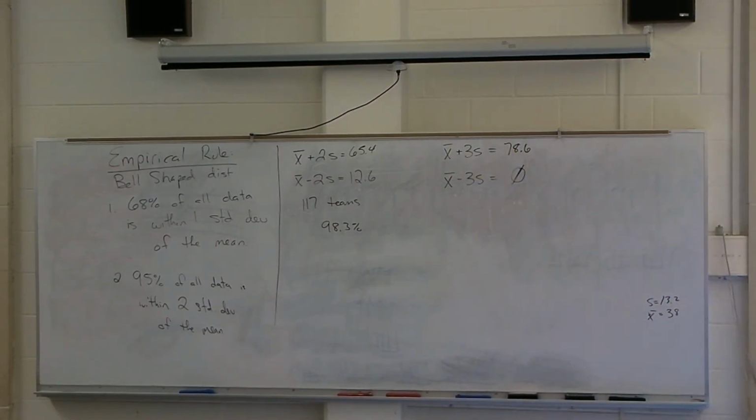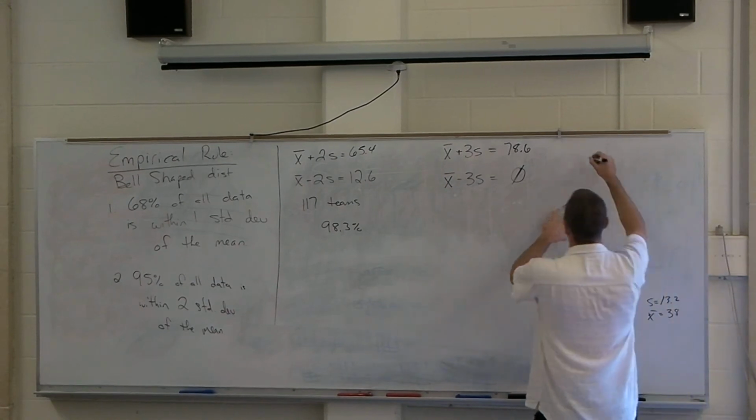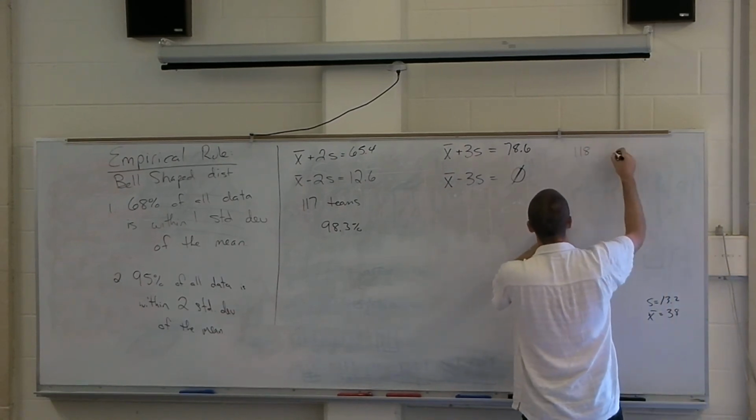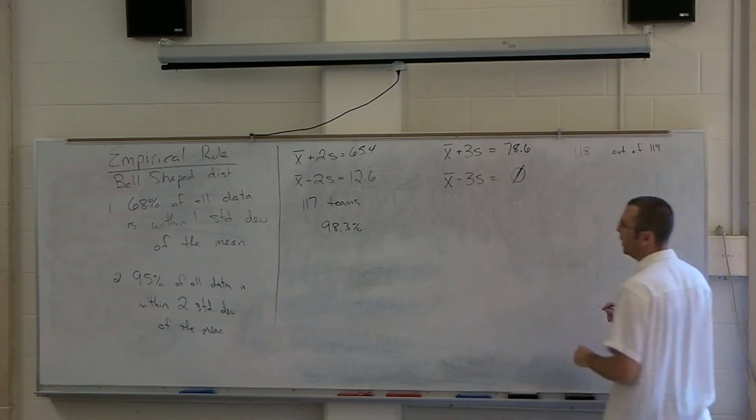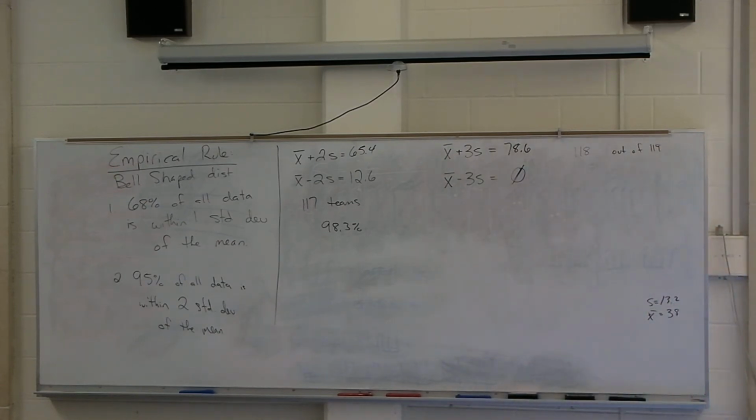Safeties don't count as negative touchdowns. So we'll use a 0 there. If we look at our data now, 118 out of 119 fall within this category. All but one of our teams falls within this range of scores.